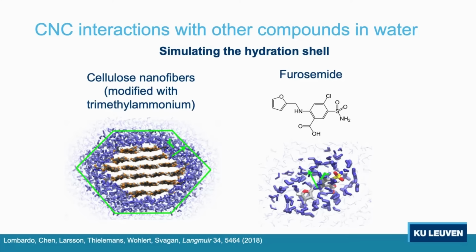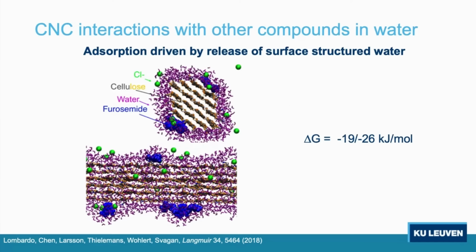but there's very little actual polar interaction. So if we then take an apolar drug molecule, for example, and we also calculate how the water molecules structure around it, we can see how these will interact. And we see that these hydrophobic molecules will preferentially go to the hydrophobic faces of the cellulose.